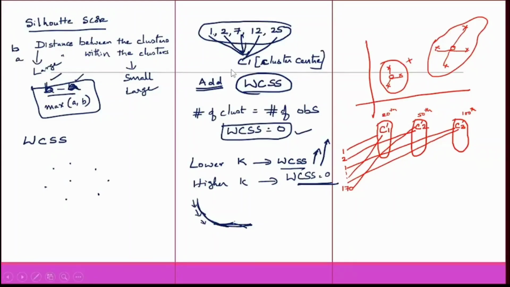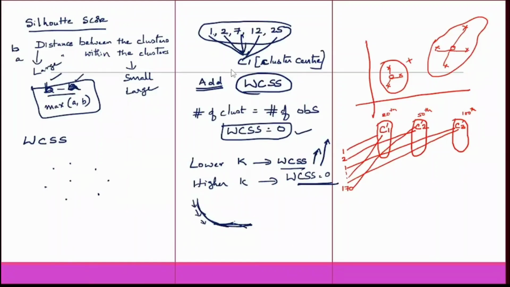But after the first iteration, obviously the 20th observation would be in C1, the 50th observation will be in C2 and the 100th observation will be in C3. No doubt about it, because their distances will be 0. But the first observation may go to C1, C2 or C3 depending on the distance. The second observation, likewise.